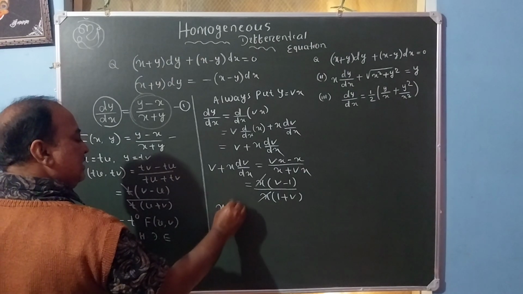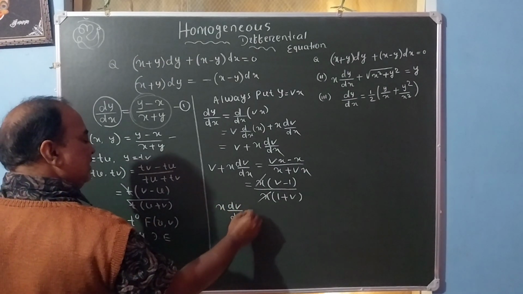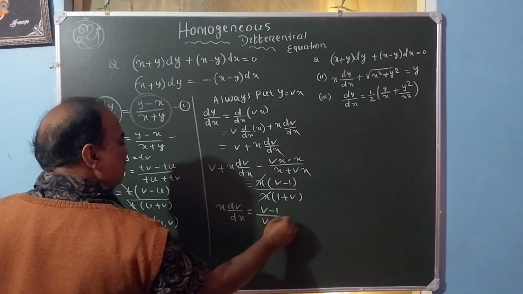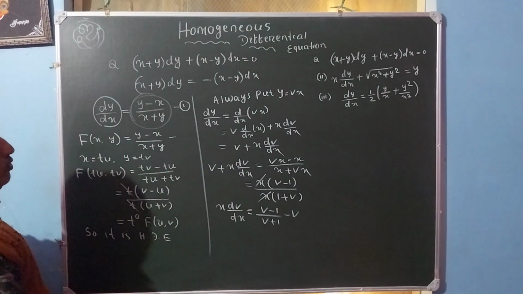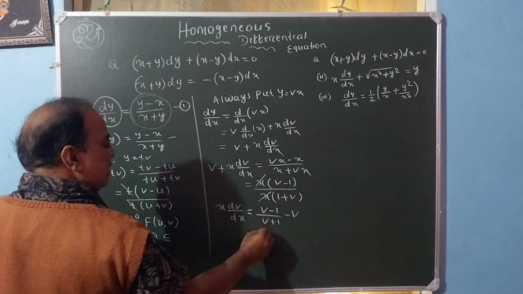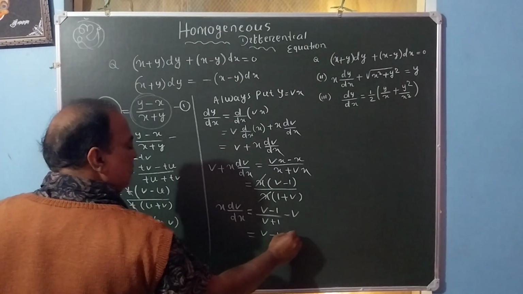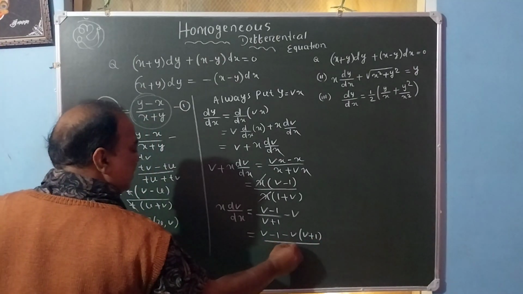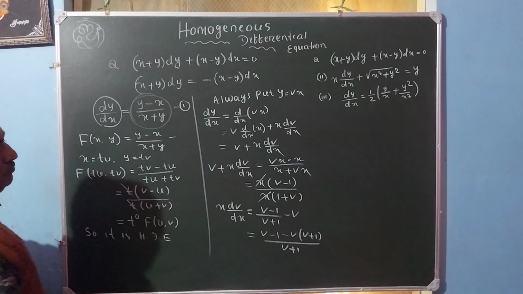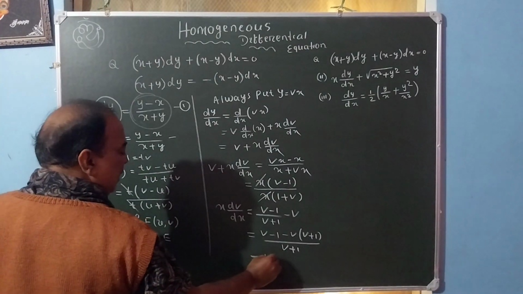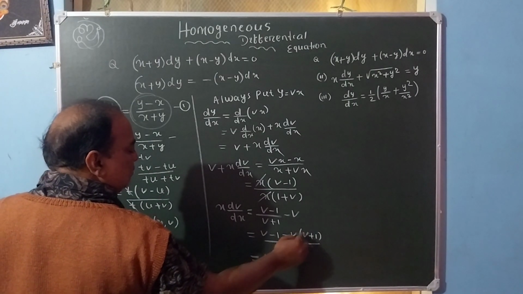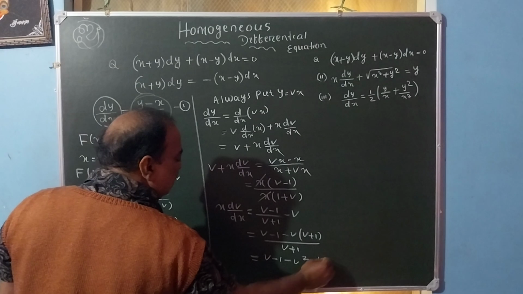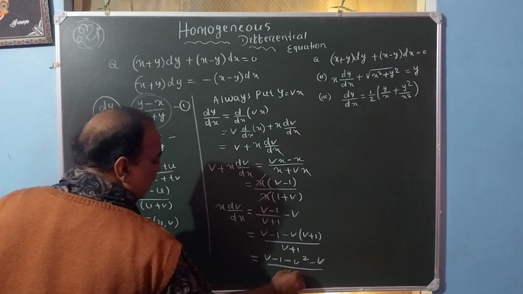So x dv/dx = (v - 1)/(v + 1) - v. Taking LCM, we get v + 1. Now (v - 1) - v into v, that is minus v square. Here it is -v/(v + 1).